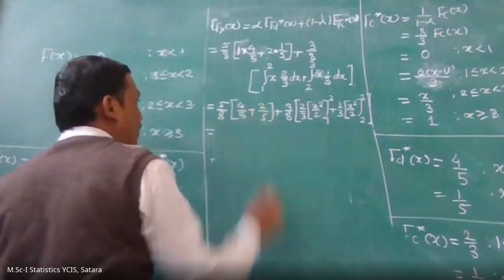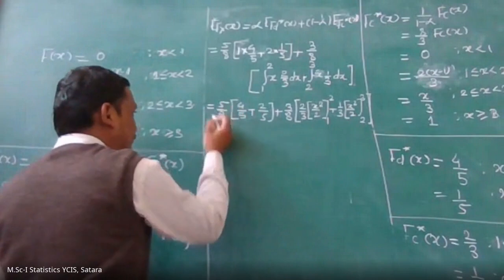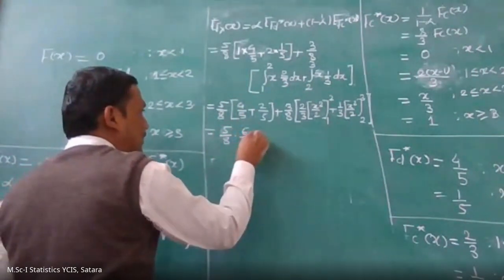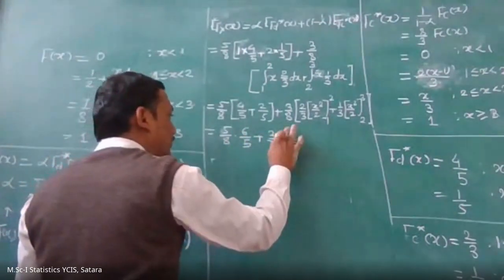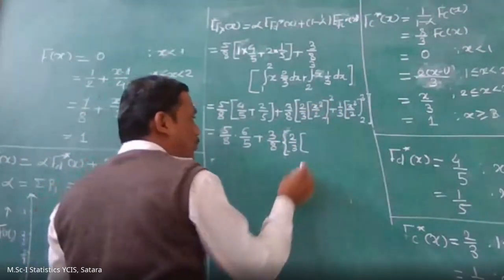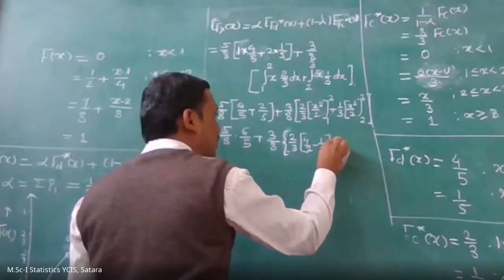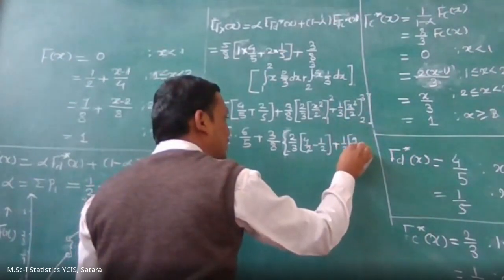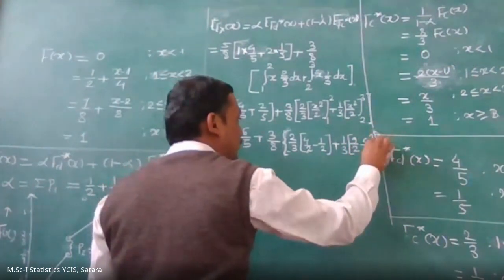Okay, so 4 by 5 plus 2 by 5 is 6 by 5, therefore 5 by 8 into 6 by 5 plus 3 by 8 into 2 by 3 into (4 by 2 minus 1 by 2) plus 1 by 3 into (9 by 2 minus 4 by 2).